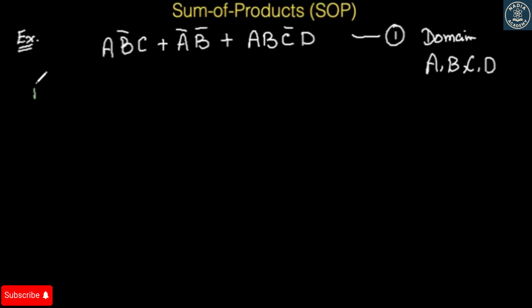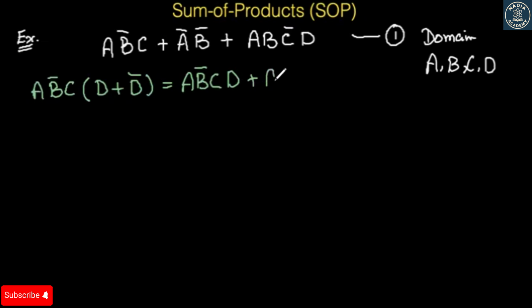Let's take the first one, A B bar C. We are missing D. So we will multiply it with D plus D bar. So what is the answer? Now we multiply inside this bracket. So we have A B bar C D plus A B bar C D bar.